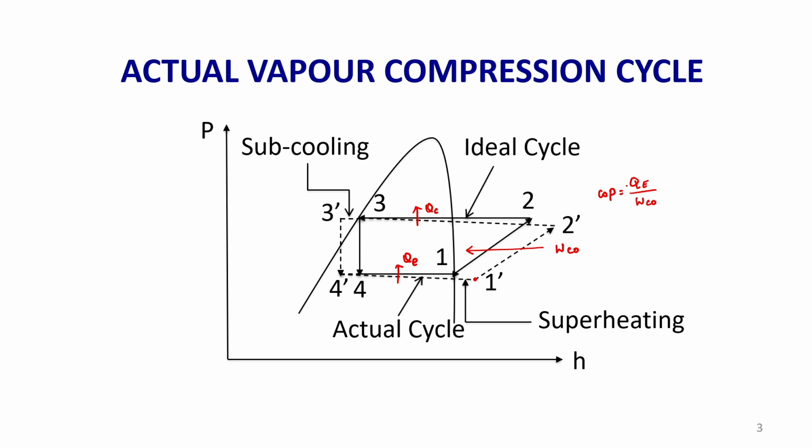If I want to improve the COP, if you look at the formula, COP will increase if the desired output increases, if QE increases. If the numerator increases, COP will increase. COP will also increase if the power required to drive the compressor comes down, if the denominator decreases.